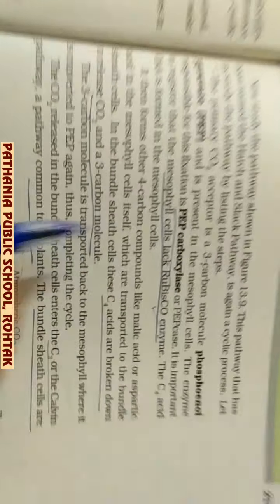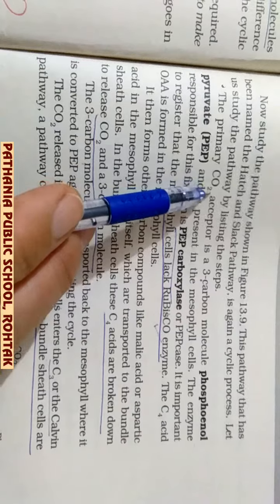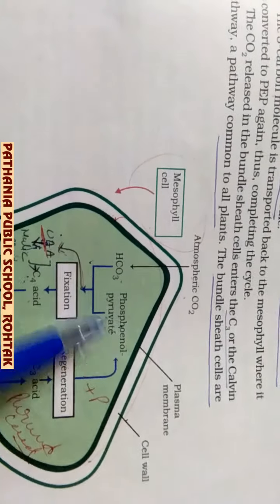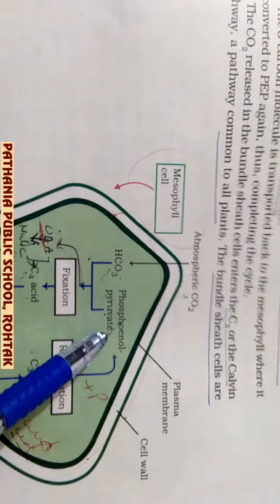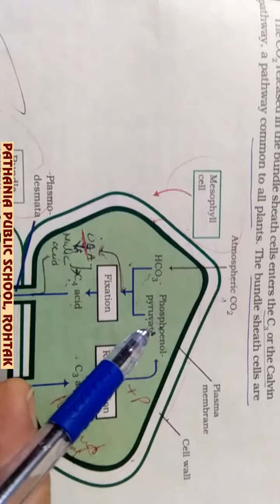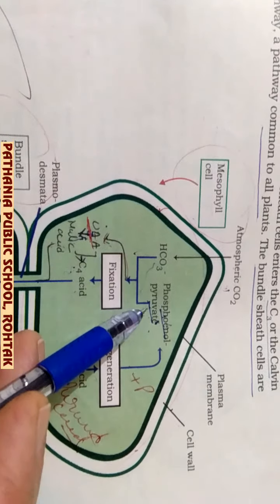Okay. So now we are coming to the C4 cycle. In the C4 cycle, the carbon dioxide acceptor is phosphoenol pyruvate. This carbon dioxide is received here by the phosphoenol pyruvate. The terms which are mainly emphasized, we are to focus only on those terms.